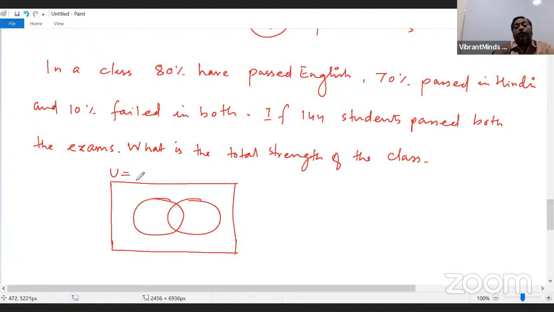Always remember, this is my universe. And universe is always equal to A plus B plus C plus D. Now, passed in English, passed in Hindi, this will be passed in both.